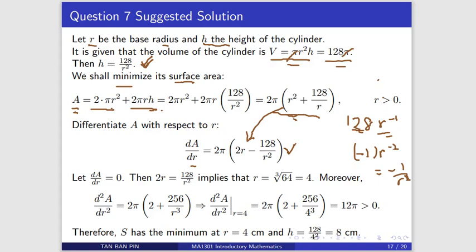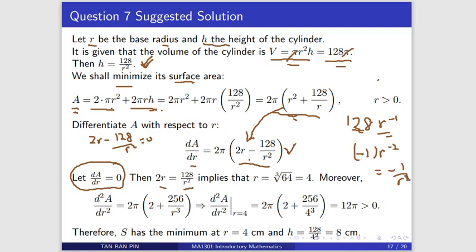And then to minimize or maximize, you set dA/dr to 0. That means 2r minus 128 over r² is 0. So you have 2r equals 128 over r².